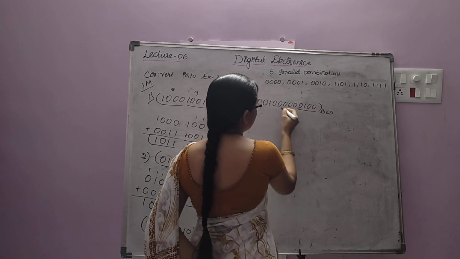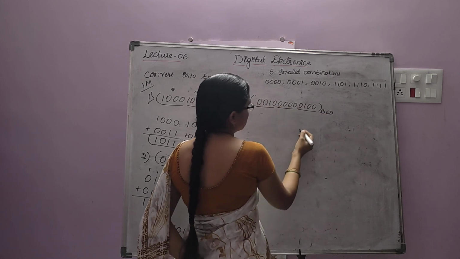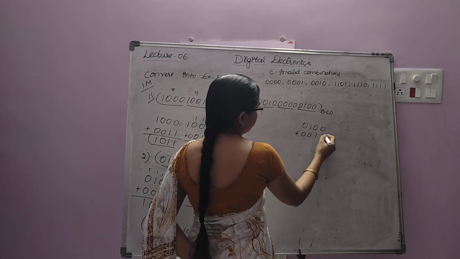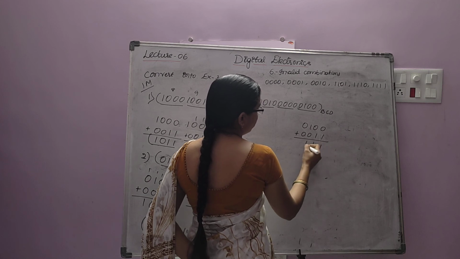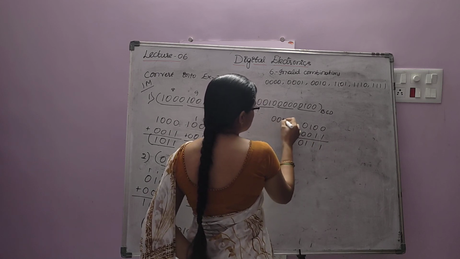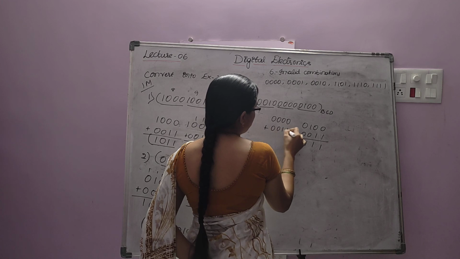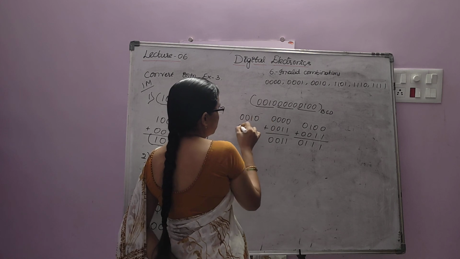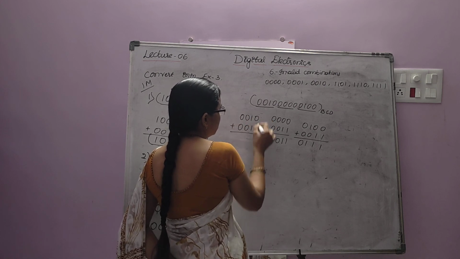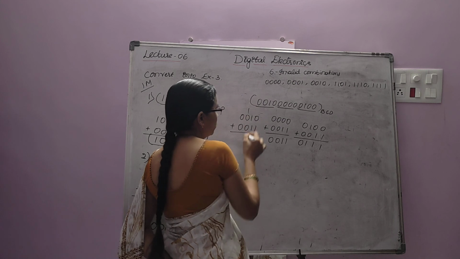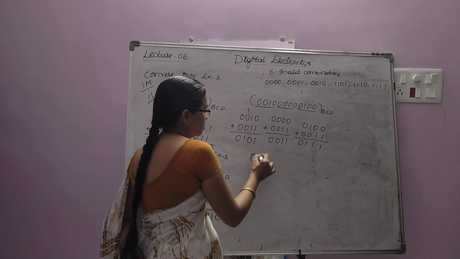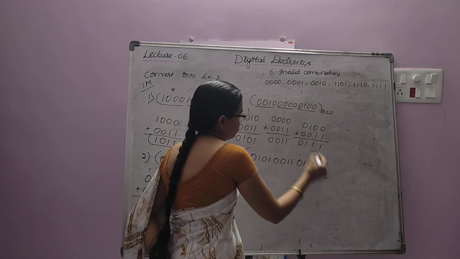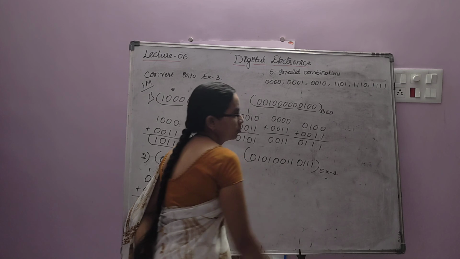Take a group of 4 bits separately. 0 1 0 0 plus 0 0 1 1, 1 1 1 0 0 0 0 0 plus 0 0 1 1, that is 0 0 1 1 only. 0 0 1 0 0 0 1 1 1 plus 1 is 0, carry 1. So the excess3 equivalent of the given BCD number is this one.